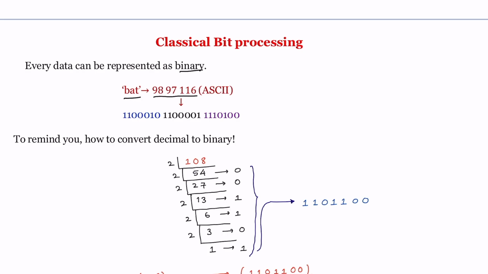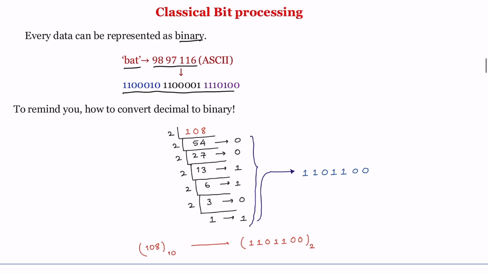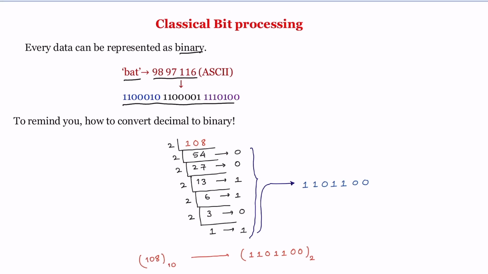We can write it as say 98, 97, 116, which can be converted back to binary in this form. I am sure all of you know how to convert a decimal number to binary. For example, this number 108 can be converted to binary by this process, as you can see here.